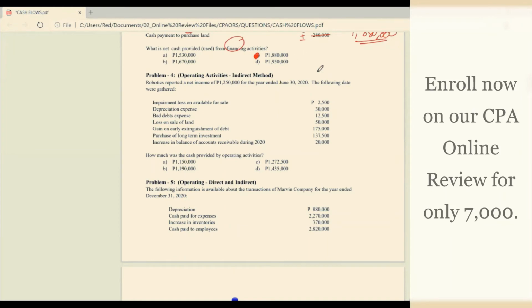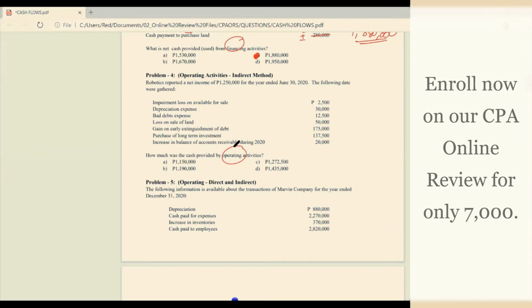Problem number 4 deals with the indirect method naman. So yan, dito natin magagamit yung formula natin sa indirect. Ang tanong, how much was the cash provided by operating activities using the indirect method? Okay.